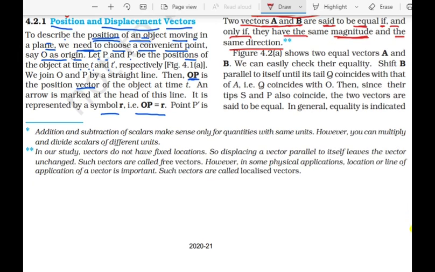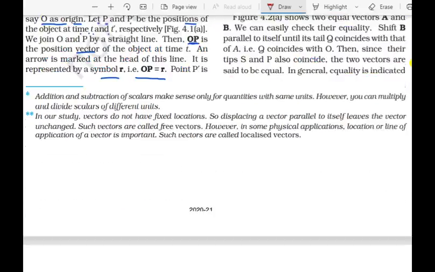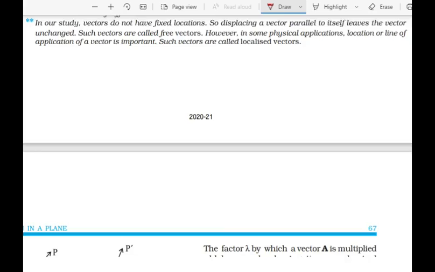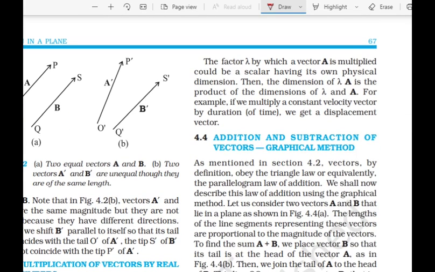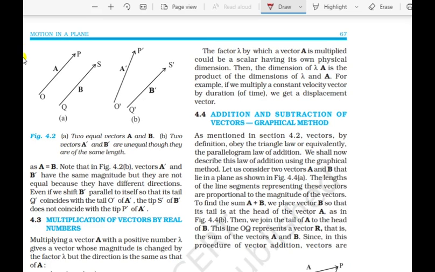Figure 4.2a shows two equal vectors. Okay, I have to go to the next page. See this picture, two equal vectors.